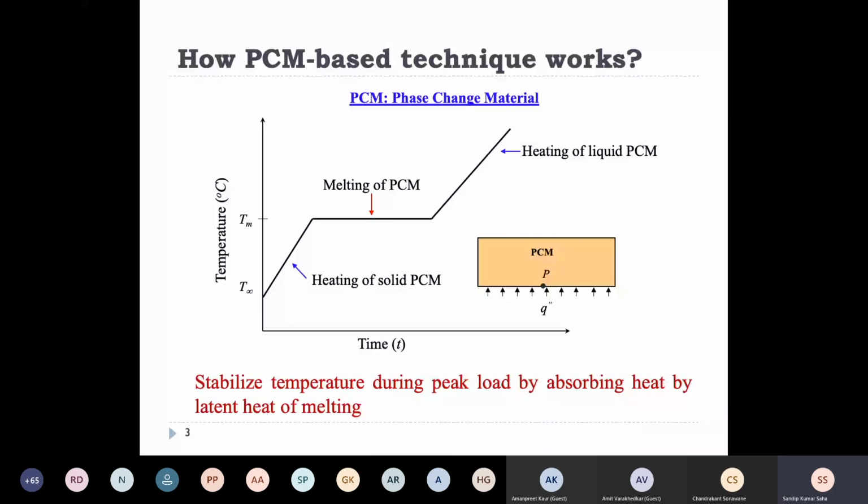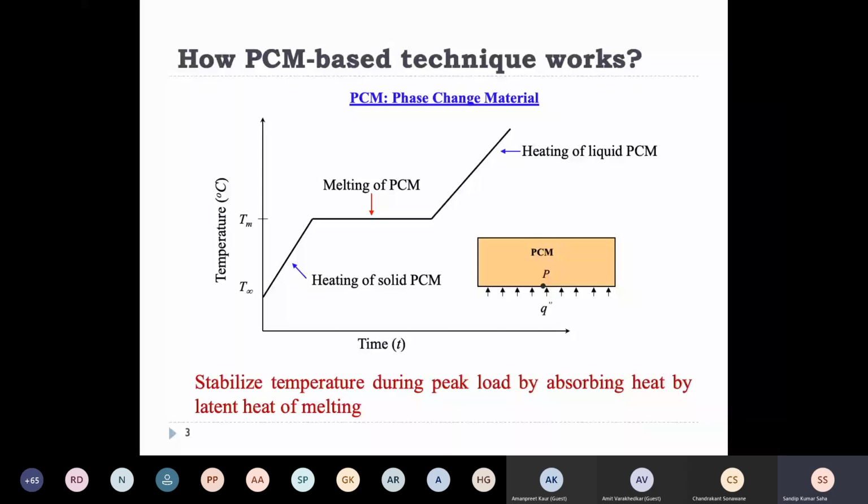If we understand that we are only utilizing latent heat, that means if the material is melted, or if the ice is melted, then for the application there will be no use of this material, because when the material melts, it will go into the sensible heat range. So there you don't use this material.